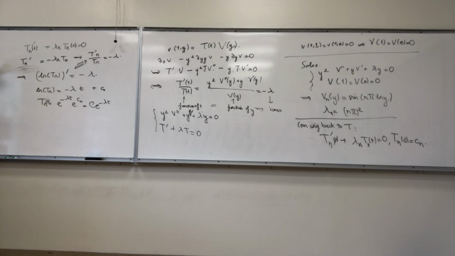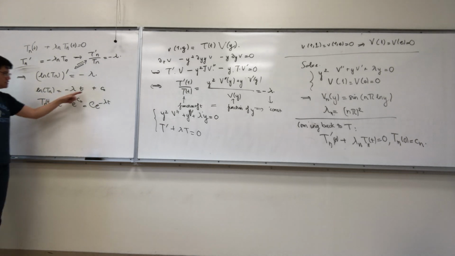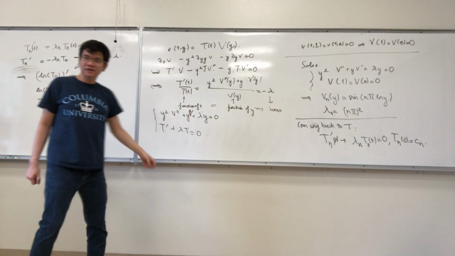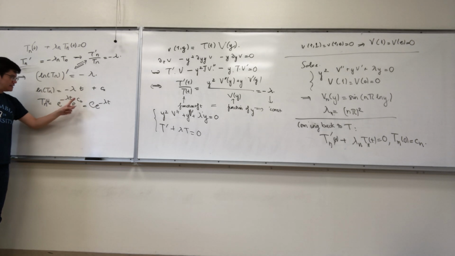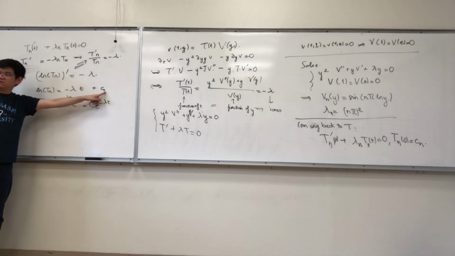But T prime over T is the derivative of log of T. So you have log of T is minus lambda t plus c0, right? You take the exponential on both sides. You have T n of t is exponential of minus lambda t times e to the c0. c0 is some constant, right?